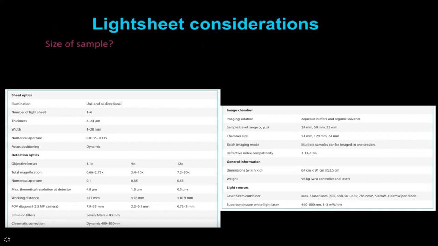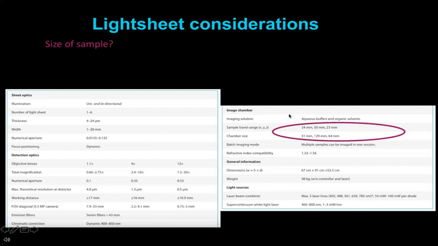I would say if you're only planning to use a few hundred microns, say up to maybe 100 microns of thickness, then you may even use a confocal microscope. But if you have whole organs of mice and so on, then you can benefit from using light sheet microscopy.